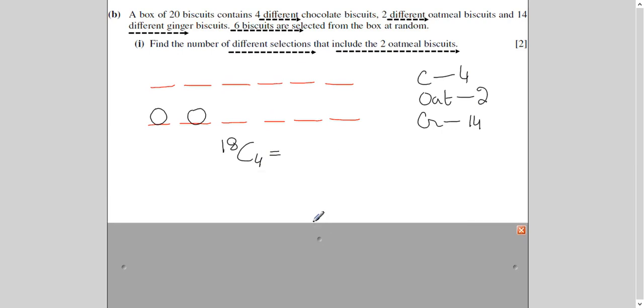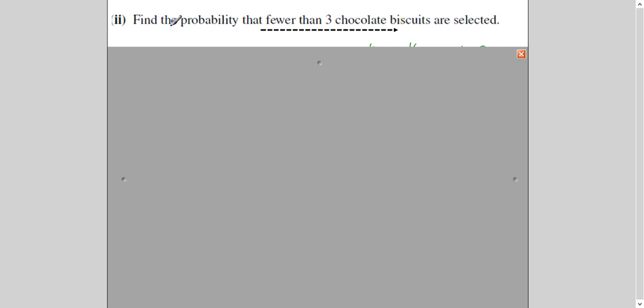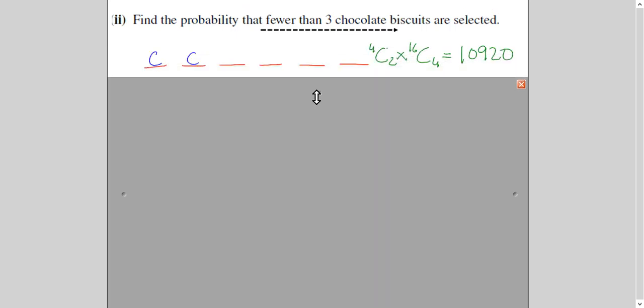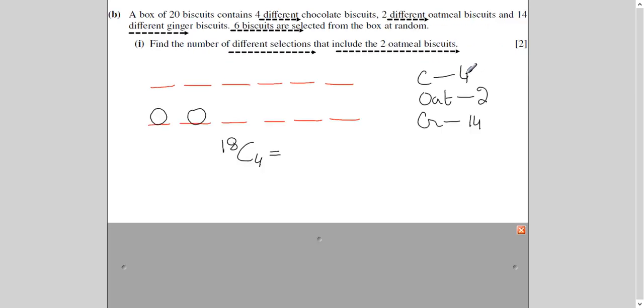Now the next part of the question. Find the probability that fewer than 3 chocolate biscuits are selected. Fewer than 3 means maybe 2, maybe 1, maybe 0. If there are 2 chocolate biscuits, it means 4C2, because total chocolate biscuits were 4, right?